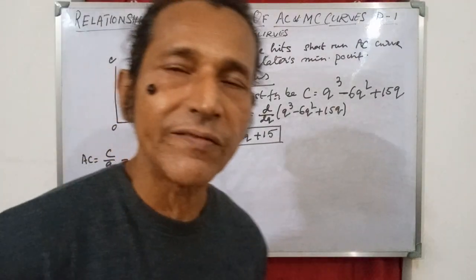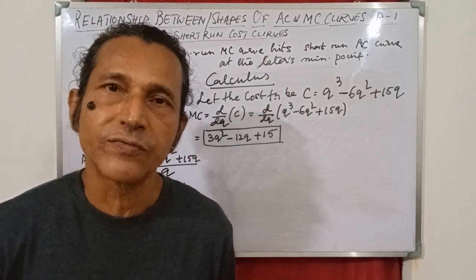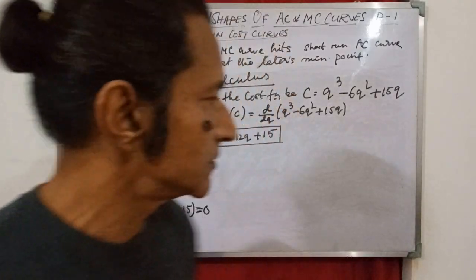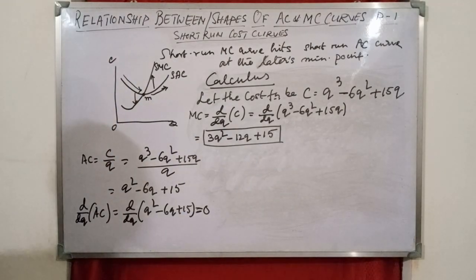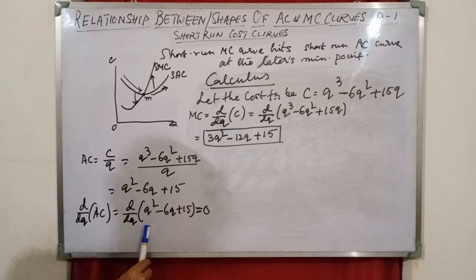Right? When the average cost is minimum, the first order derivative must be equal to 0. So we have set it to 0. That is d/dQ of Q square minus 6Q plus 15 equals 0.